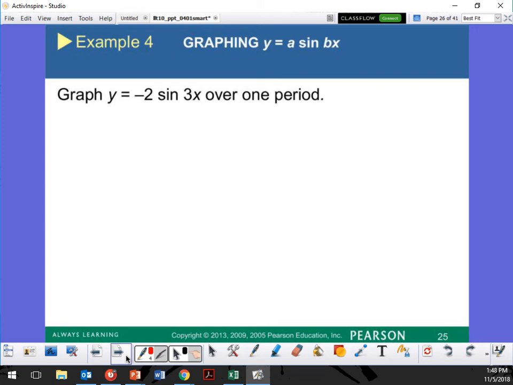Instead of going up, it goes down. It will go down first. So technically the amplitude is only 2. The negative just gives the 2 a direction, and it tells me where I'm starting at for this. So that's step 1. Step 2.